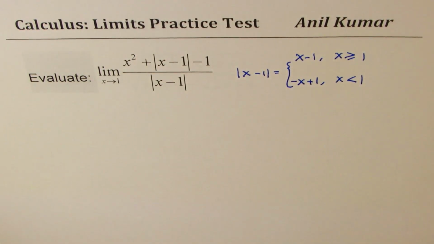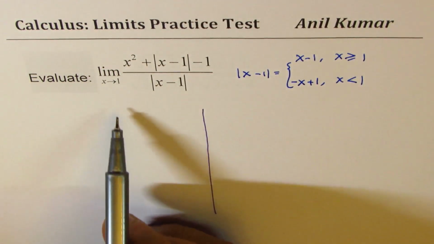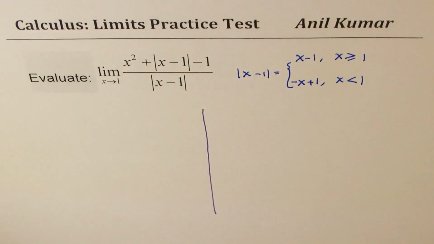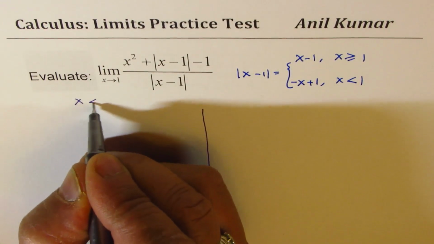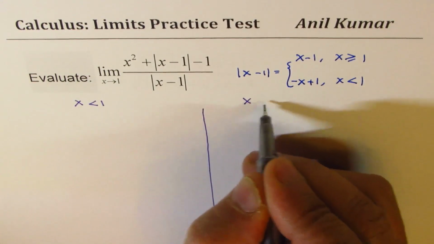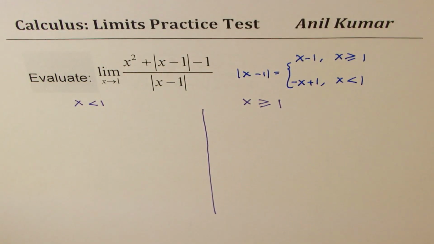And therefore, all the absolute functions should be solved as piecewise functions, and here the two pieces will be considered as when x is less than 1 and when x is greater than or equal to 1, since that equation is going to be different, right?